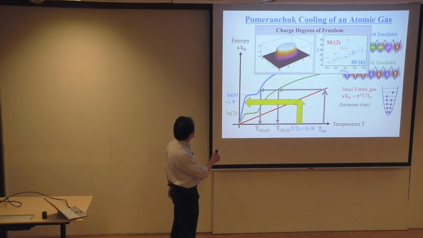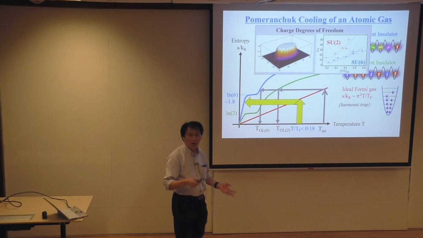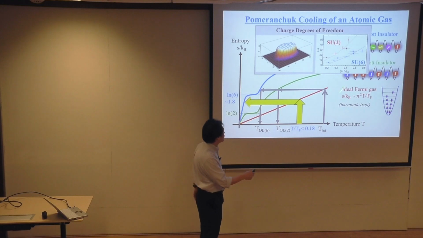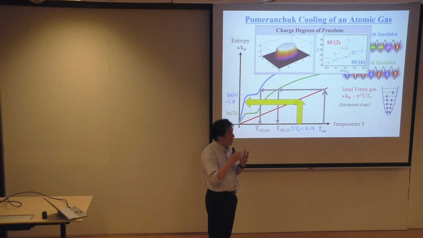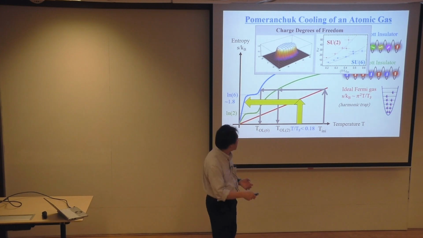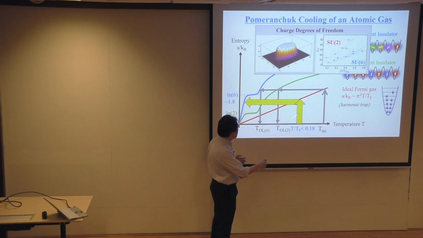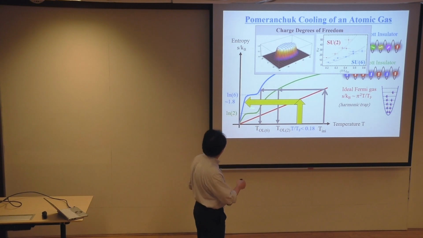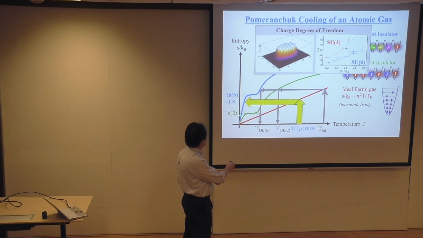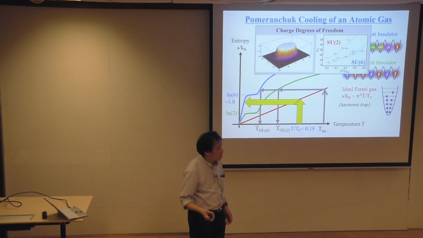Since log 6 is about 1.8, from this relation, if we could prepare the atomic ensemble in a harmonic trap with a temperature of about 18% of the Fermi temperature, then we could reach the regime of quantum magnetism.